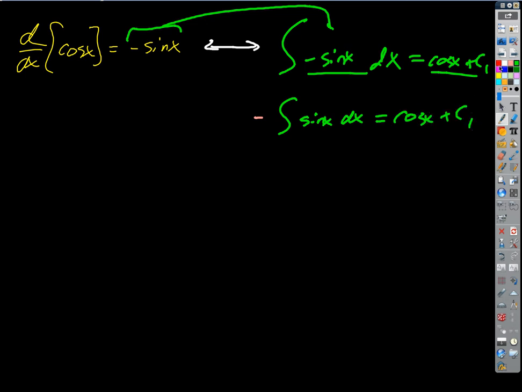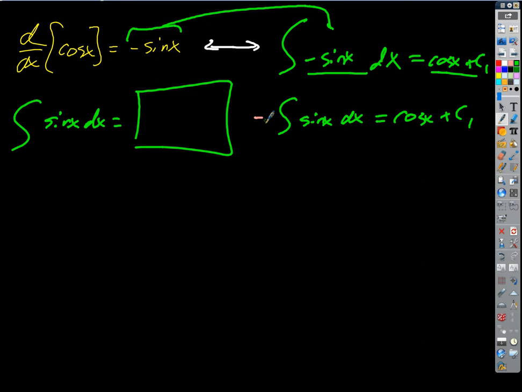And for my standard form, I want to fill in this blank. I want to be able to say the antiderivative of sine x dx equals what? When I go to my table of standard forms, I want to know what's the antiderivative of sine x, not the antiderivative of negative sine x. So what would I do algebraically to get rid of that negative sign?